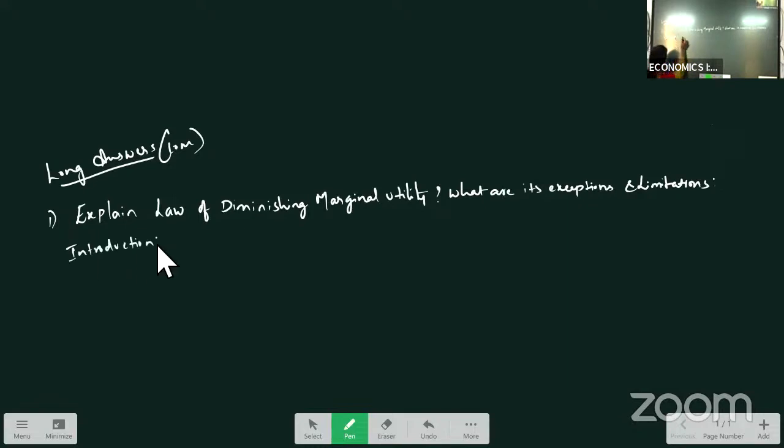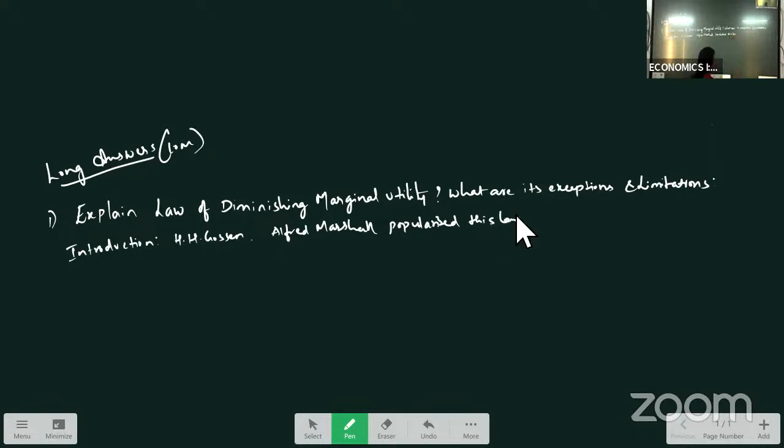This law was explained by H.H. Gossen, and it is also known as Gossen's first law. Later, Alfred Marshall popularized this law in a scientific manner. So you will write the introduction like this.